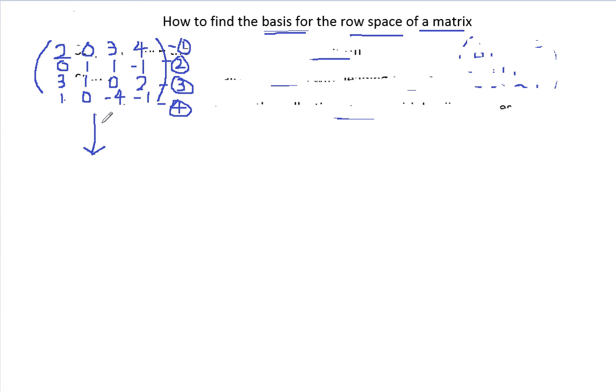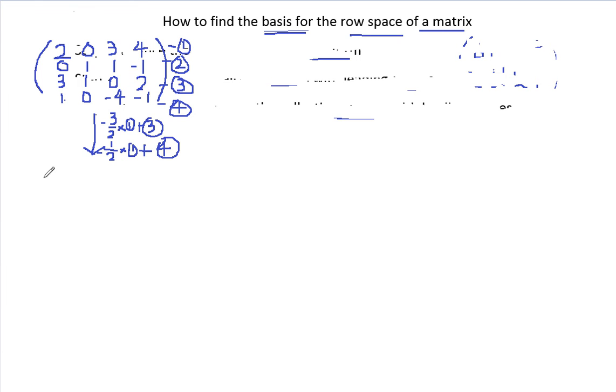We add minus 3 over 2 times row 1 plus row 3, and also for this we add minus half times row 1 plus row 4.